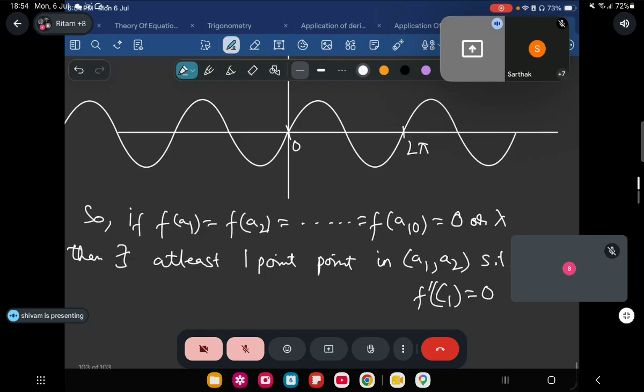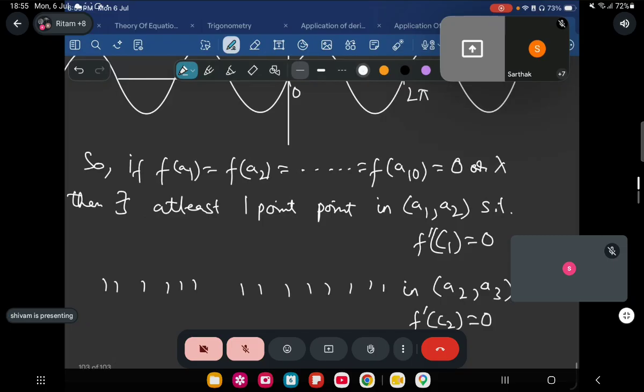Right, tell me, are people getting? There exists at least 1 point in a2, a3 such that f dash at c2 is equal to 0.